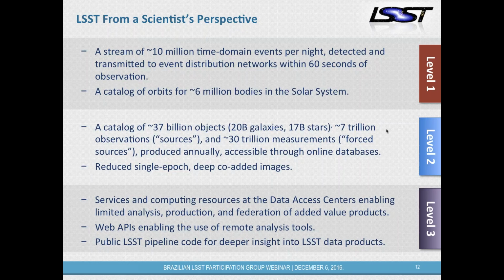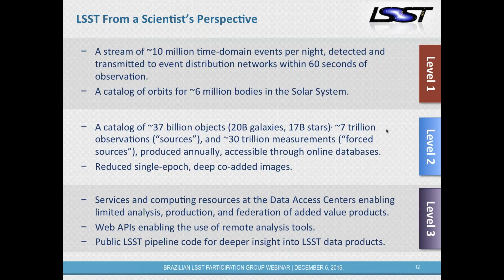We have level 1, those get created every night, and that is going to be a stream of about 10 million time domain events per night, detected and transmitted to what we call event distribution networks within 60 seconds of observations.